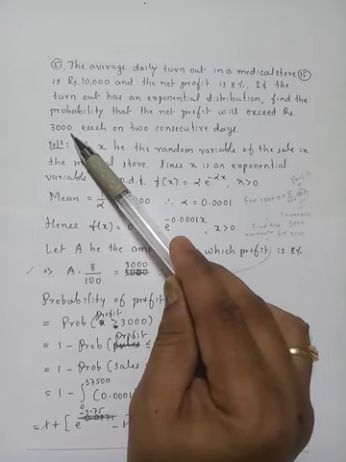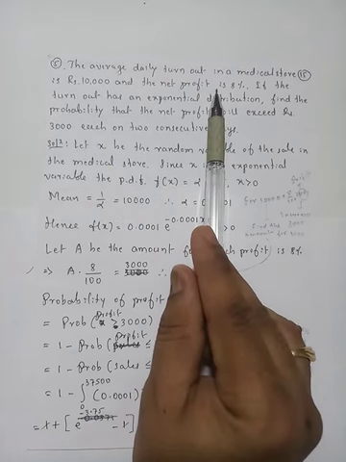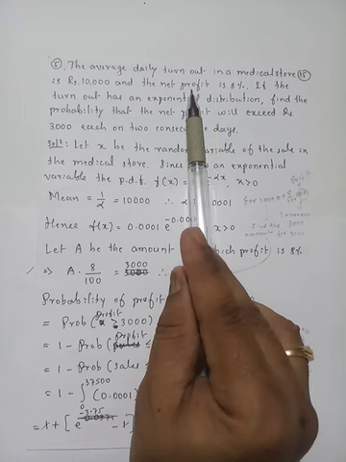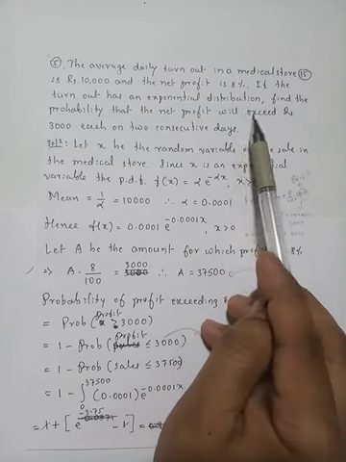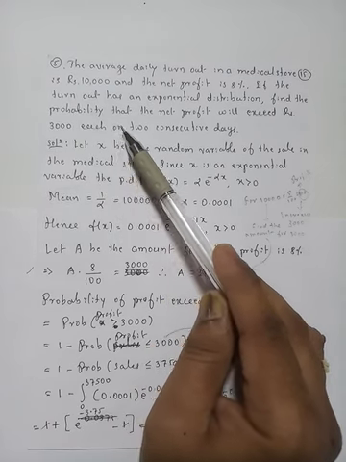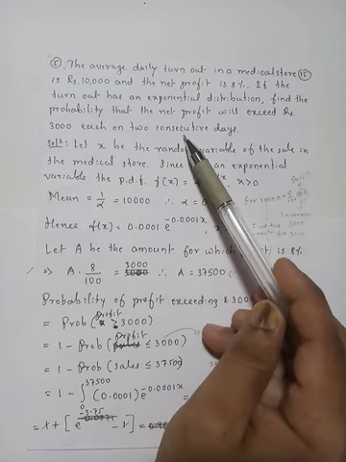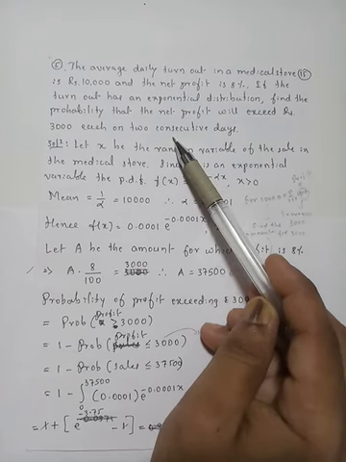The average is given as 800 rupees net profit, so what is the chance of exceeding 3000 net profit each on 2 consecutive days? Understand this first.